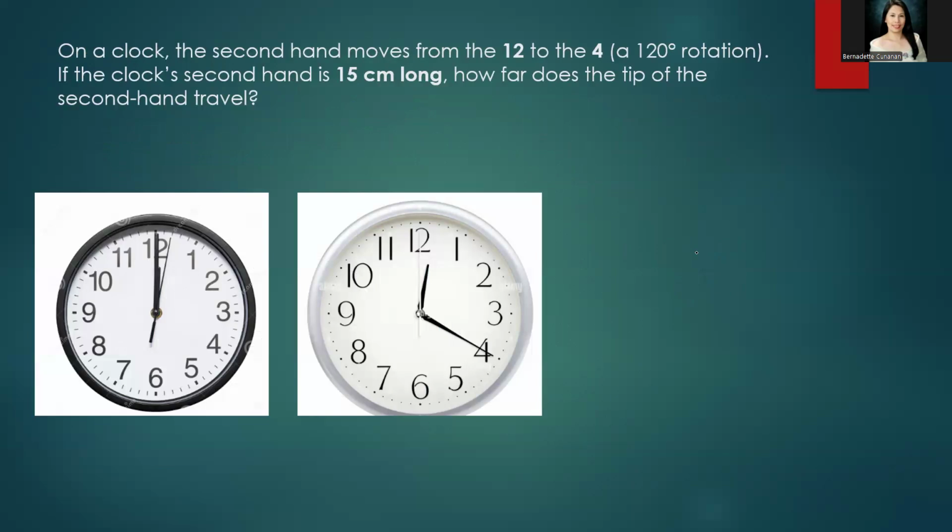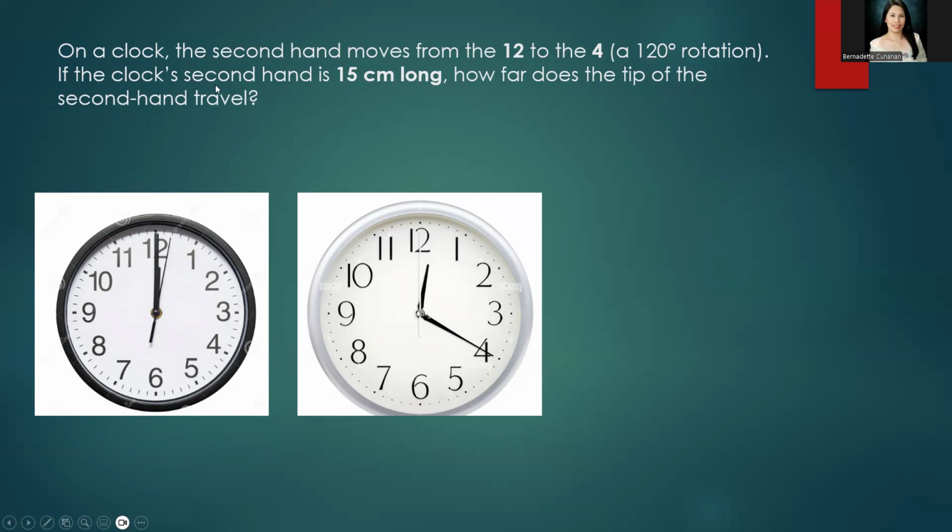So another arc length problem has something to do with the movement of the second hand of the clock. The second hand moves from the 12 to the 4. So originally the second hand is on the 12 and then it moves to the 4. The movement created a 120-degree rotation.